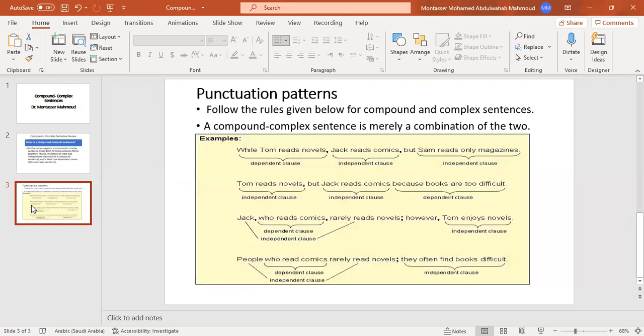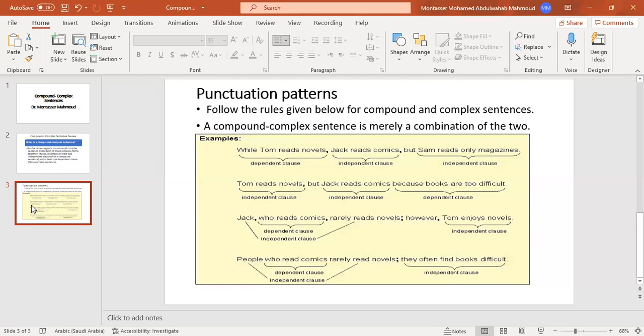Let's look at the second example. Tom reads novels, comma, but Jack reads comics because books are too difficult. Here also we have three clauses, two independent clauses, one dependent clause. The first one, Tom reads novels.